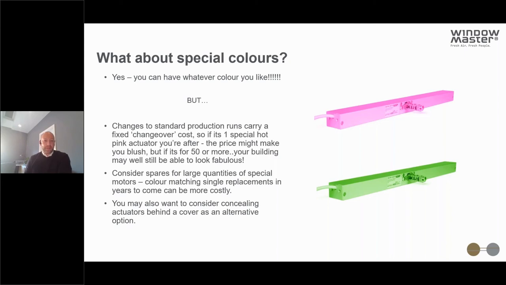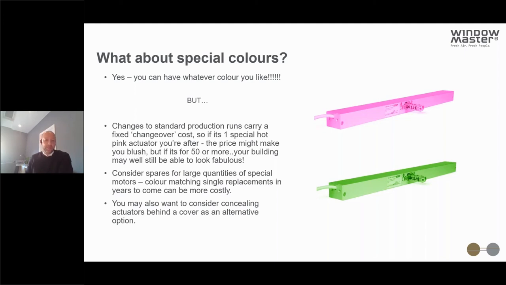So if we have to stop that production line and flush through the paint lines and obtain a nice hot pink color to add to your actuators, and then we spray your actuators or powder coat them accordingly, clean the lines through, and then we have to go back to our standard production. Of course, there is a fixed cost, the changeover cost to that. So if it's a single motor that you're looking for, then the cost for that motor can be high proportionally.